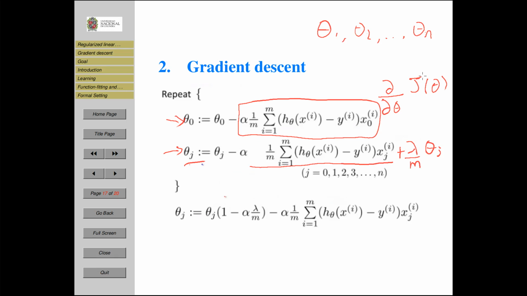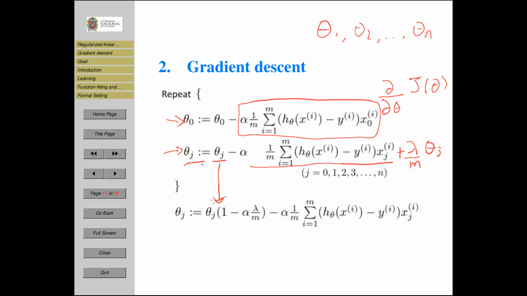So if we group all the terms together that depend on theta j, we can show that this update can be written equivalently as follows. All we did was to add theta j here, so theta j times 1, this one.